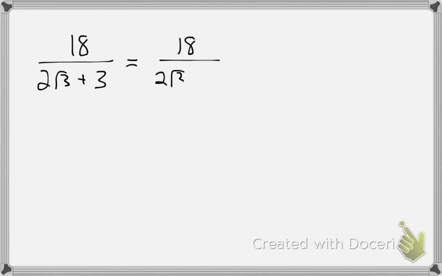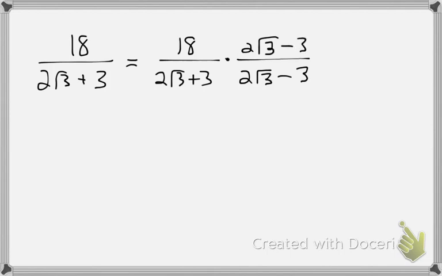So if I had 18 over 2 root 3 plus 3, and I wanted to rationalize the denominator, so I have 18 over 2 root 3 plus 3 times... what would I use? The conjugate of 2 root 3 plus 3 is 2 root 3 minus 3. So I'll multiply both the top and bottom by 2 root 3 minus 3.